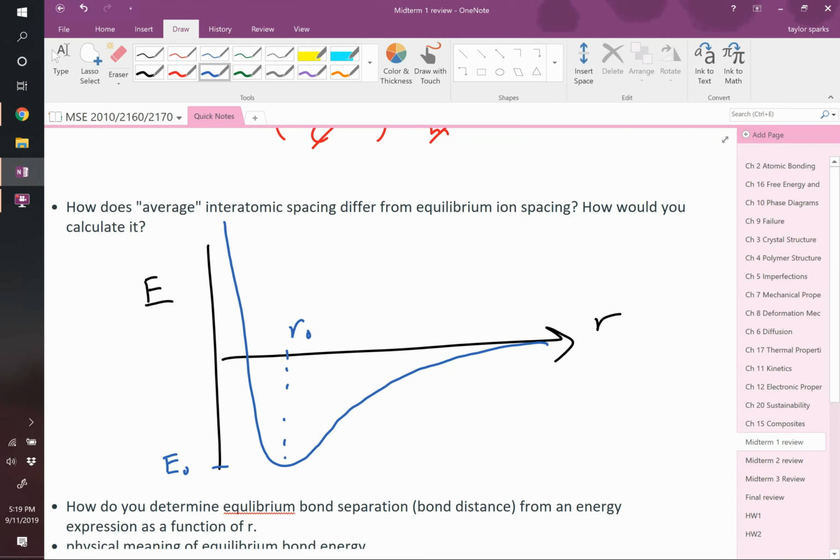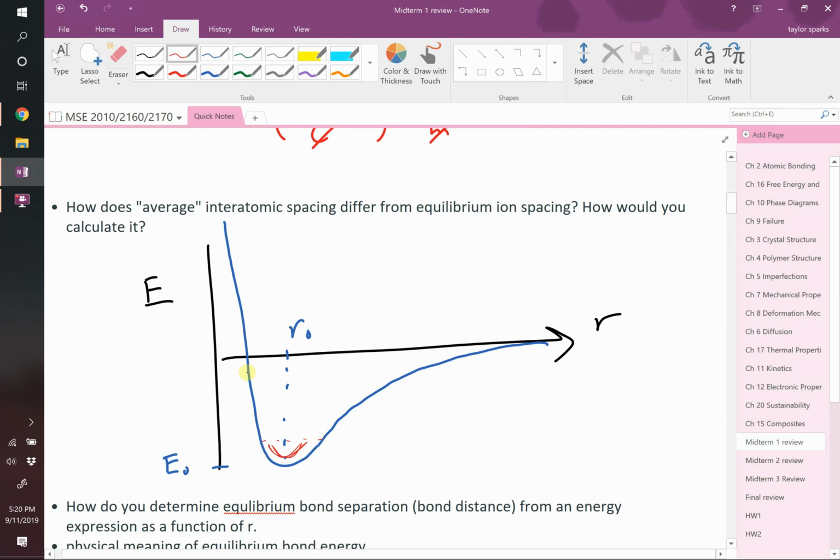At any other temperature than 0 Kelvin, they're vibrating, meaning the separation distance is changing. They're rocking back and forth. If it's a low temperature, they're rocking back and forth a little bit, right? Maybe at temperature 1, it's rocking back and forth like that, and so the average position goes between this point and that point. So it's just a little bit to the right. It's expanded, but not very much.